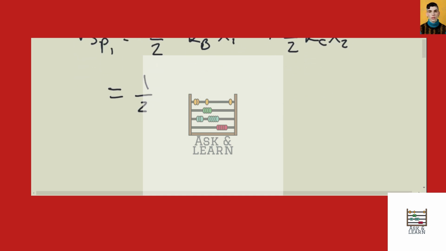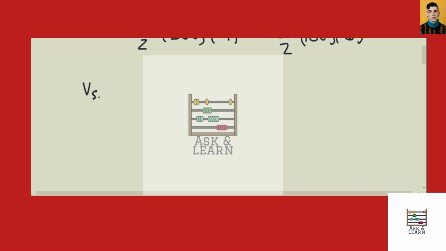We have 1/2 times 200 times x1, which is 4 squared, that's the length of that spring, plus 1/2 k, the stiffness of the spring, 100, times its length, which is 6 squared, 6 inches.